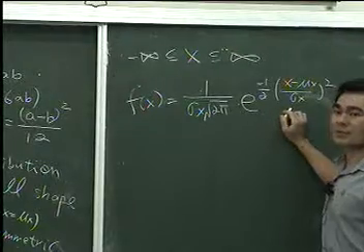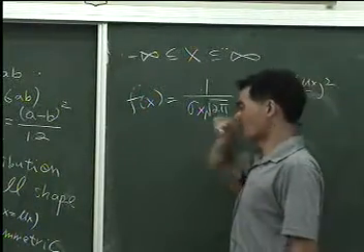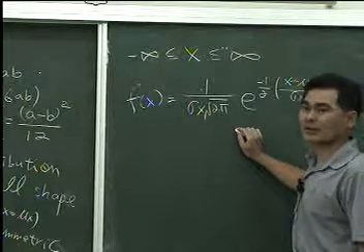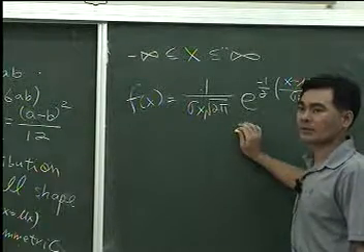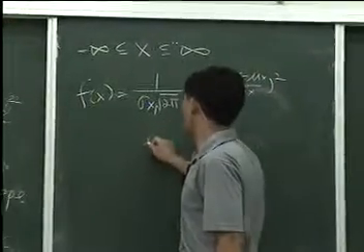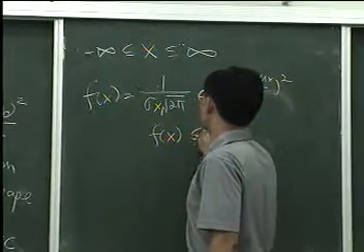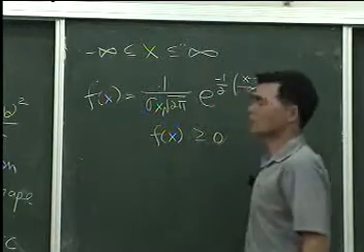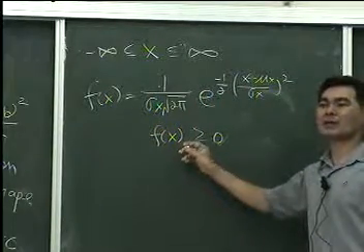Of course, it has to satisfy the criteria of a probability function. It should be f of x greater than or equal to 0, because it is a probability density function.